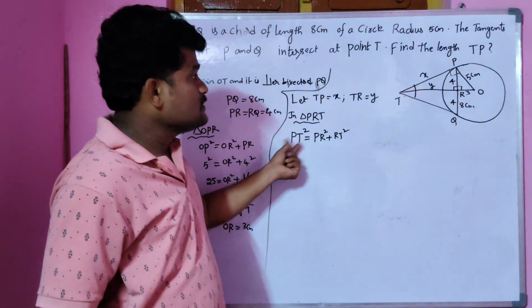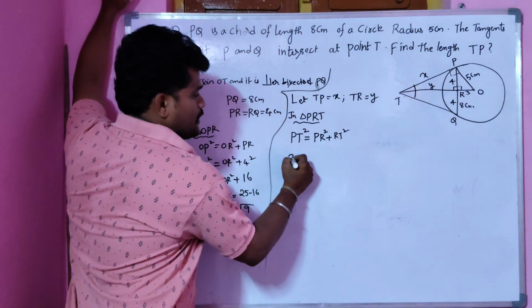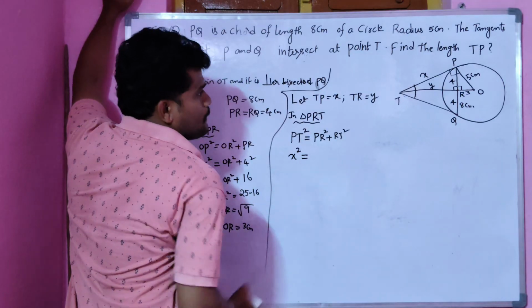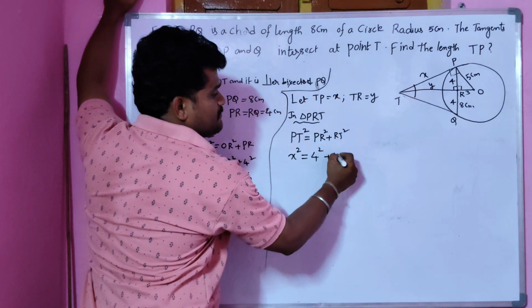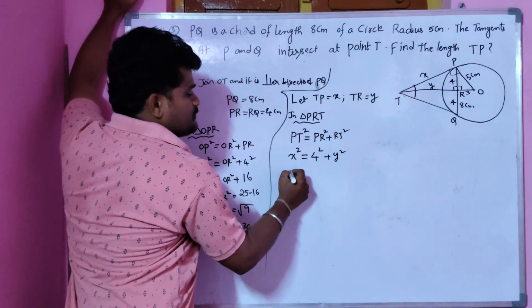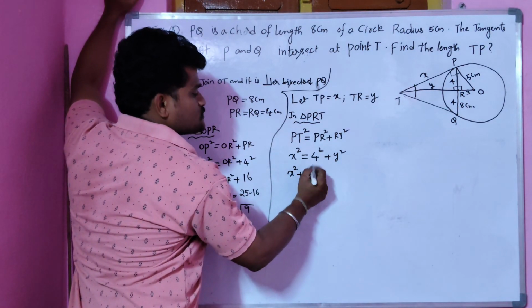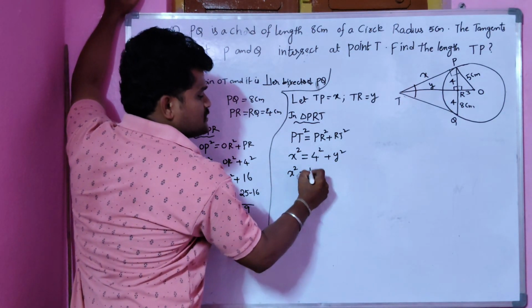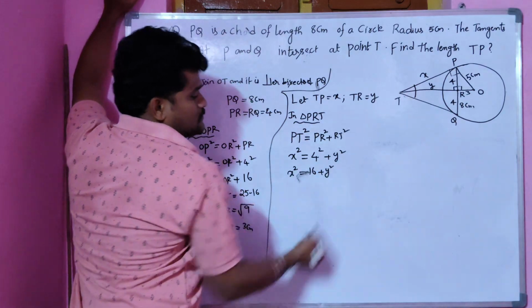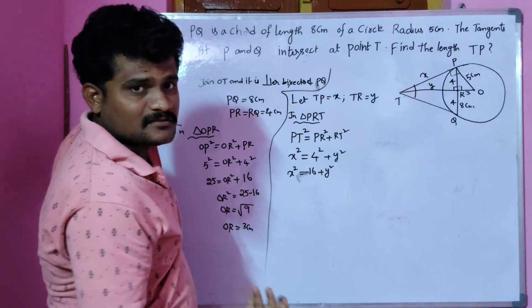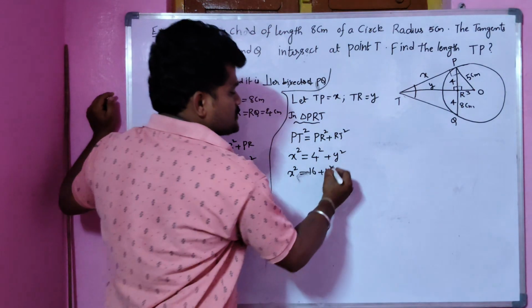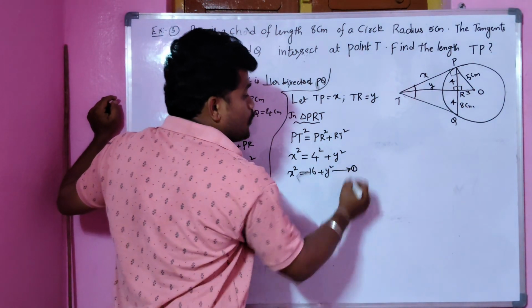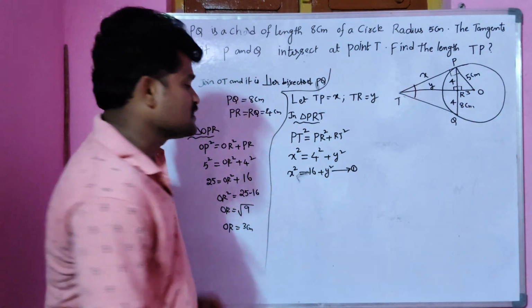PT is X, so X square is equal to PR, which is 4 square, plus RT, which we consider as Y, that is Y square. Then we have X square equals 4 square, which means 16, plus Y square. We cannot simplify anything here. So X square is equal to 16 plus Y square. I consider this equation number 1.